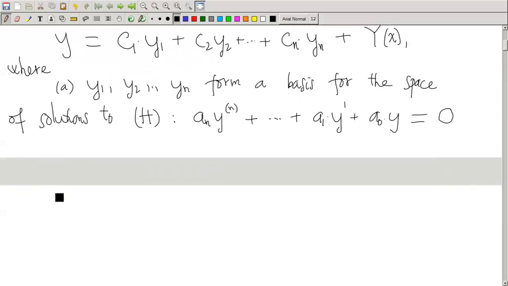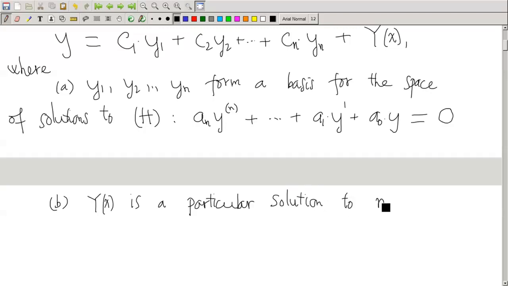And then the second component in the solution, capital Y, as before, is a particular solution to the non-homogeneous equation.